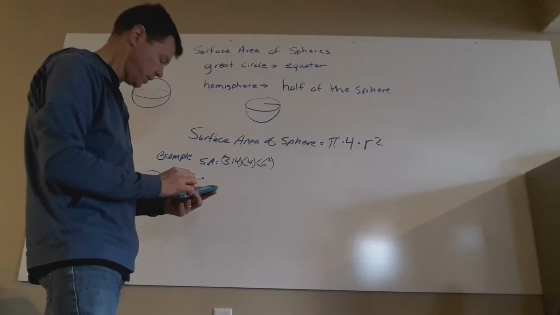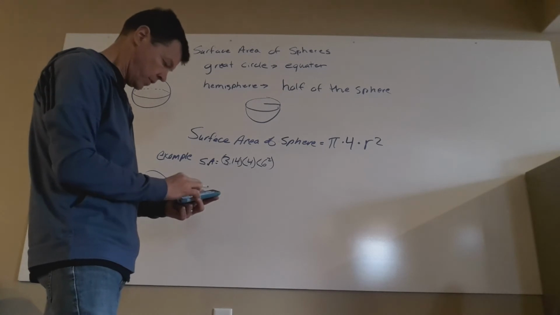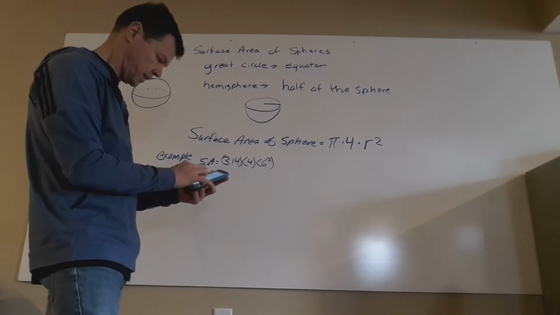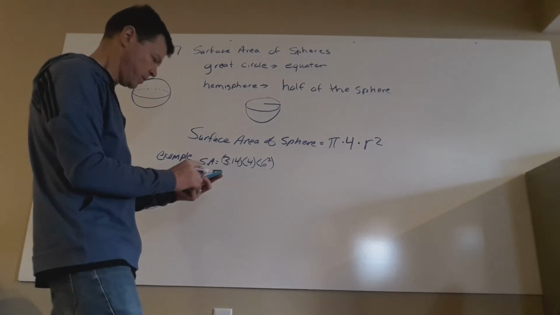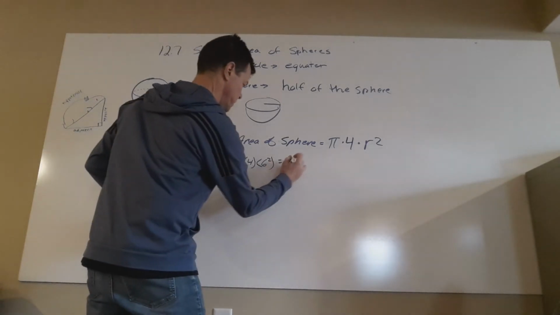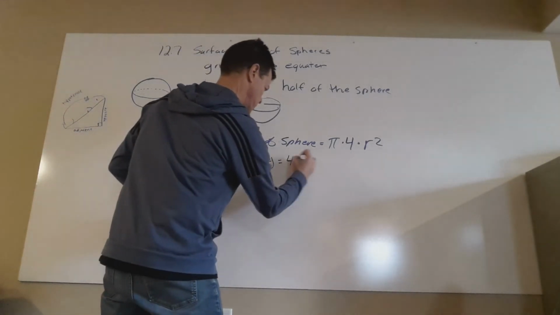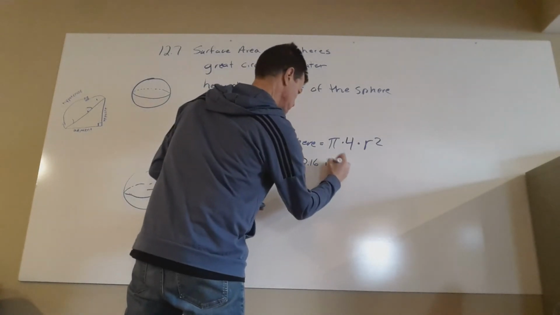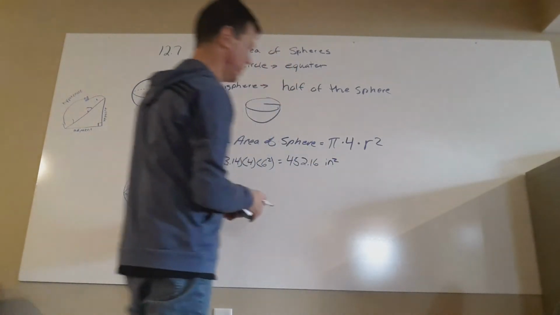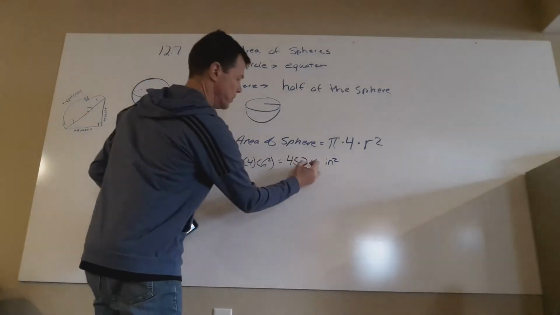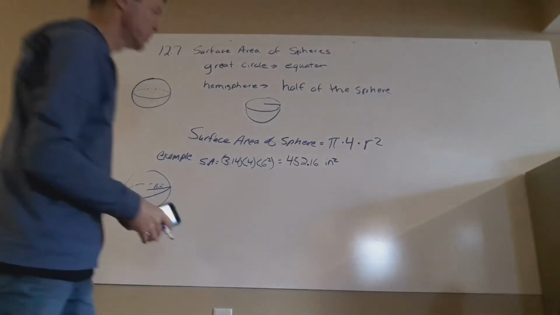Using your calculator, 3.14 times 4 times 6 squared is 452.16 cubic inches. I said cubic, I mean square inches. 452.16 square inches.